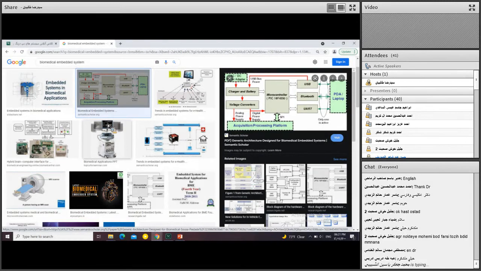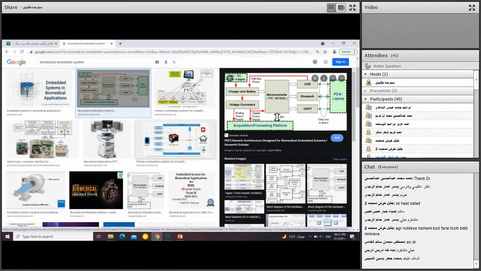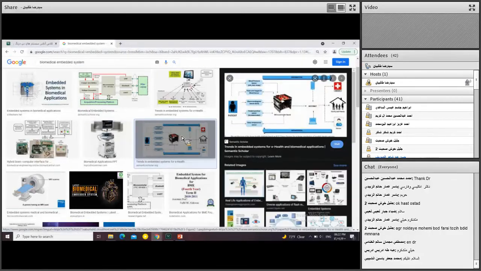For example, this is an embedded system in the biomedical field. This is another embedded system with some specific applications in the biomedical field.